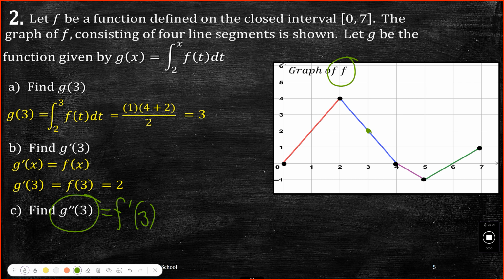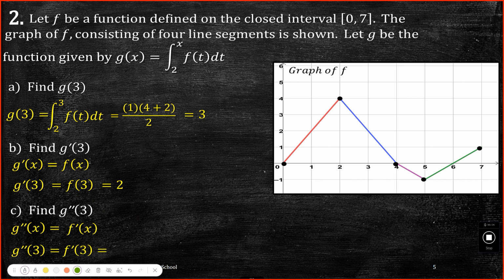Is G concave up or concave down? G concave down, wouldn't it? Because acceleration is negative. Okay.